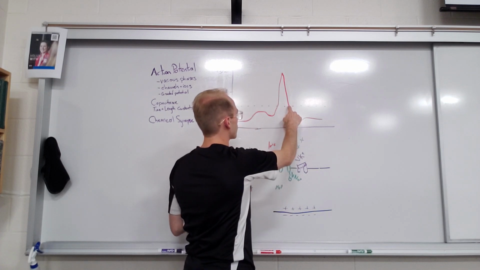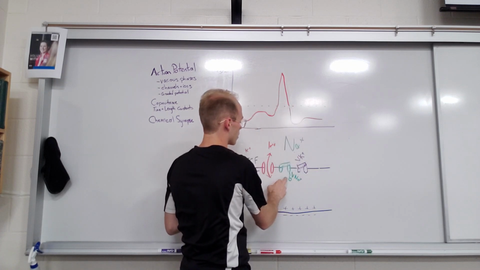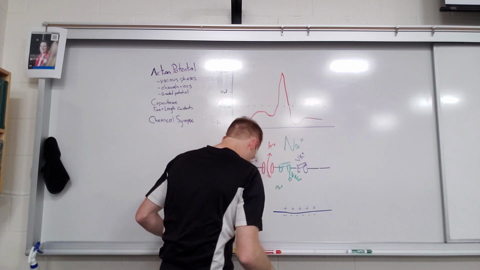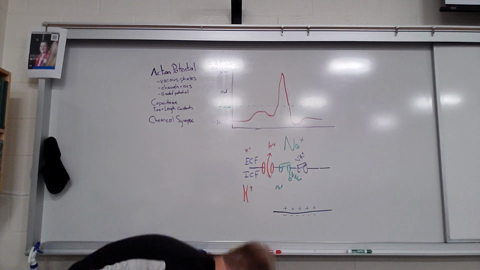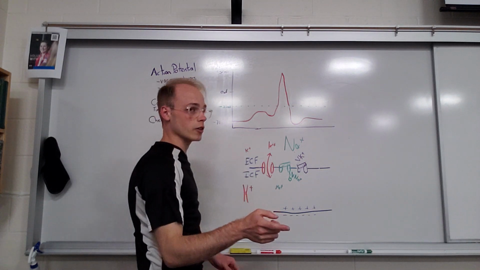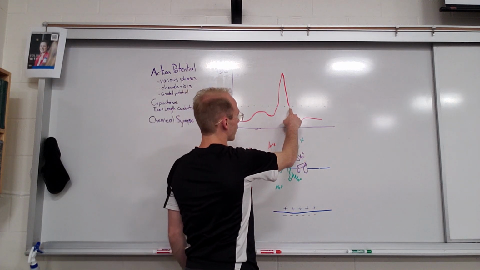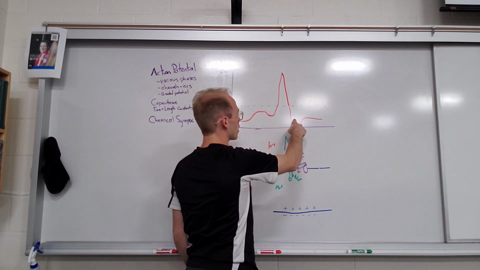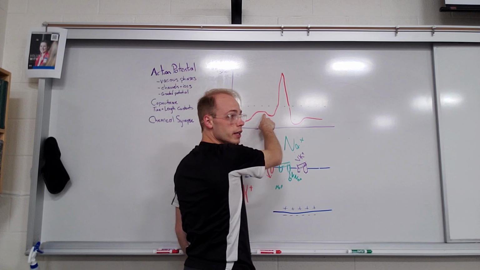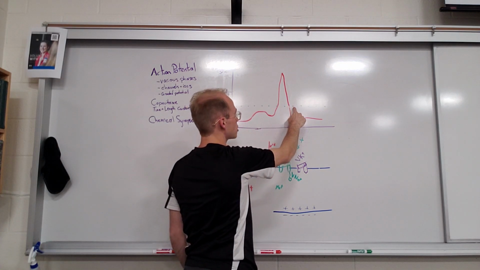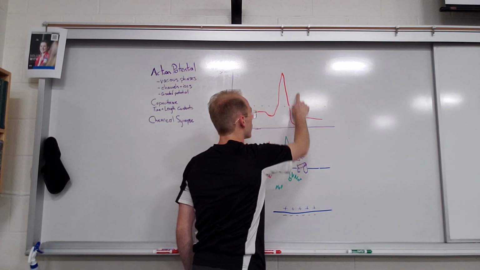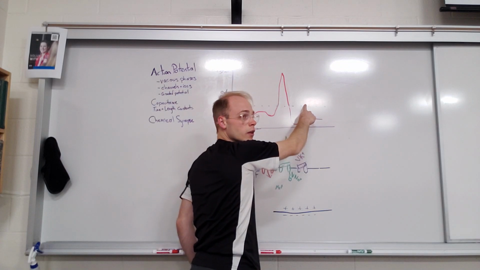So at this point, this I believe is back to normal, which means unplugged and closed. So at this point, you could potentially get another graded potential strong enough to reach threshold and then fire it again.